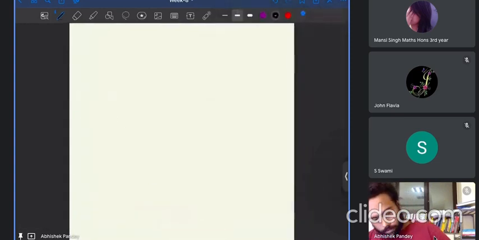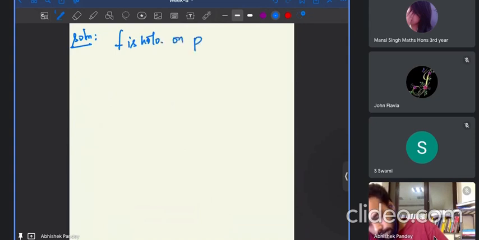Okay, so let us write it down as solution. Now let us look at option one. So f is holomorphic on, let us denote it as, the right half plane.